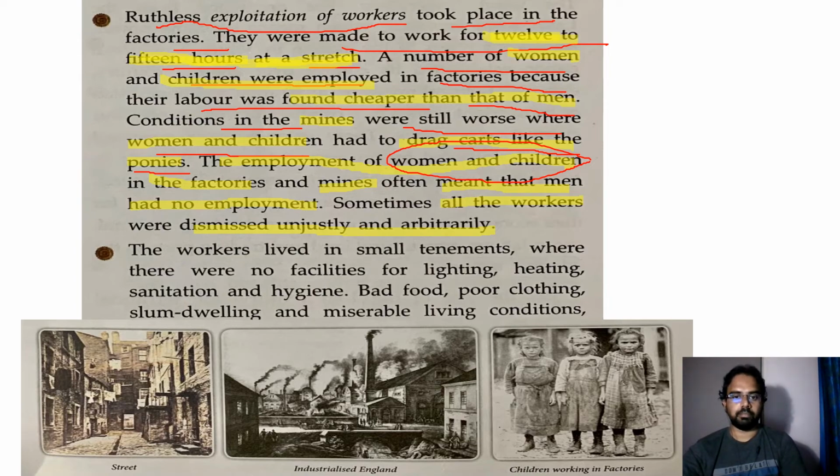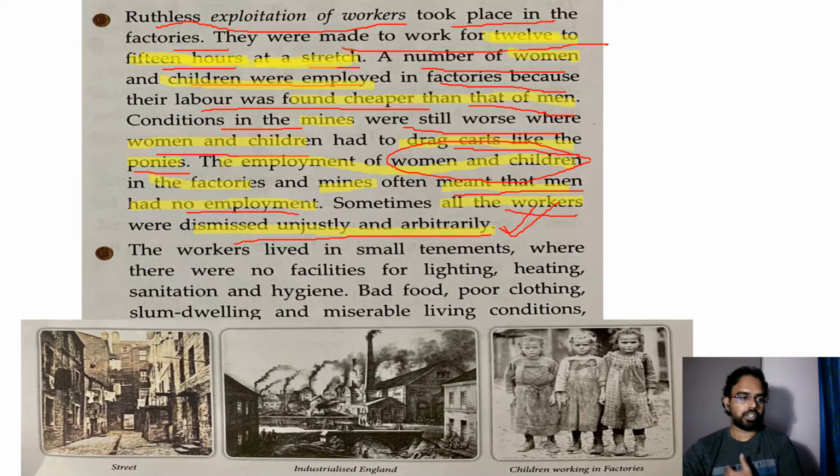And sometimes men were completely neglected and not given any employment, and all the workers were dismissed unjustly and arbitrarily. If they don't show more work than what is required, these people used to remove them on different unjust and unruly reasons. Arbitrarily means without any mercy, they used to remove them authoritatively.